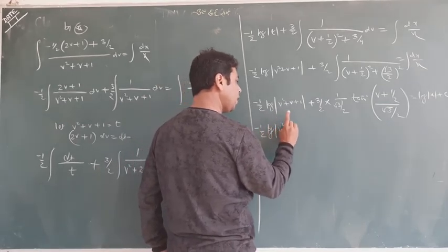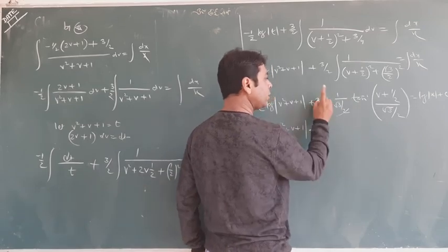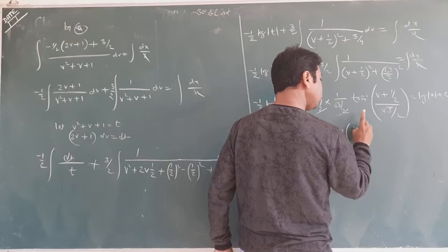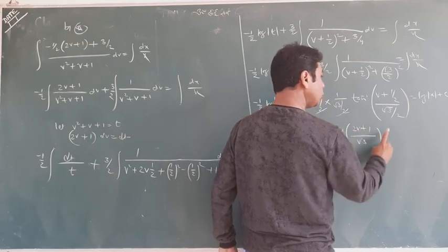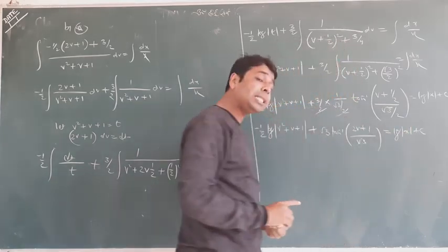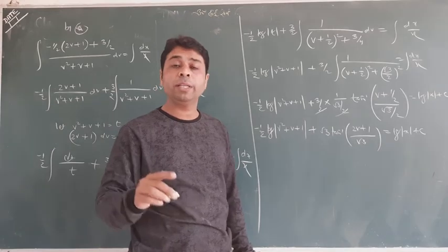Now students, look at the thing. I want to modify it a little bit as far as possible so that things cancel. 3 and 3 will be under 3. Tan inverse, take an LCM here, 2v plus 1 upon root 3, 2 and 2 will cancel, equal to log x plus c. Lastly, students, put v equal to y by x, because the question was given in x and y.